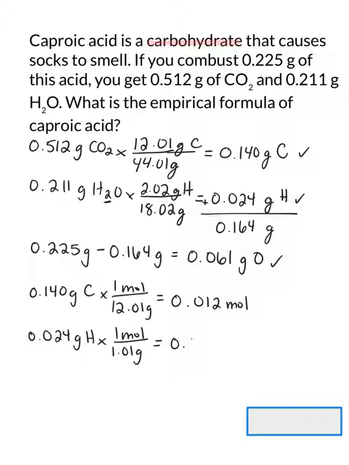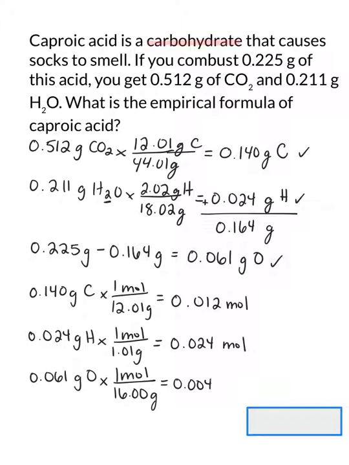That gives me 0.024 moles. And finally, the oxygen, I've got 0.061 grams of oxygen. Now, the molar mass of oxygen is 16 grams for 1 mole. That gives me 0.004 moles. Now, the smallest one here is the 0.004, so I'm going to divide each of these by 0.004.